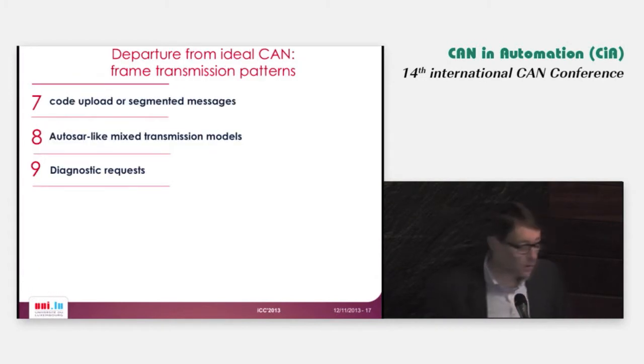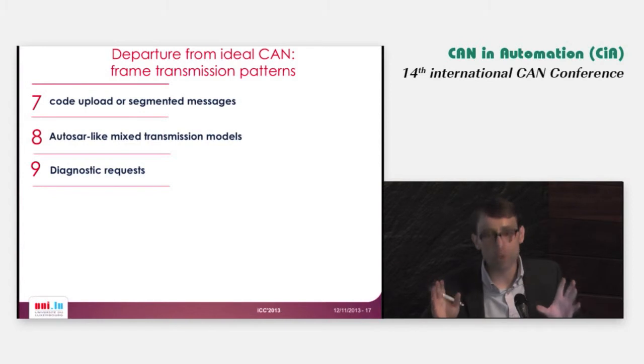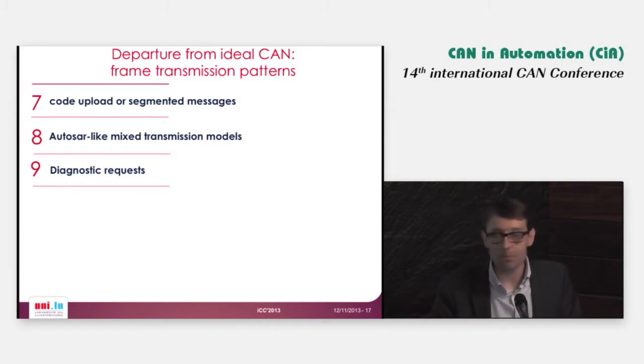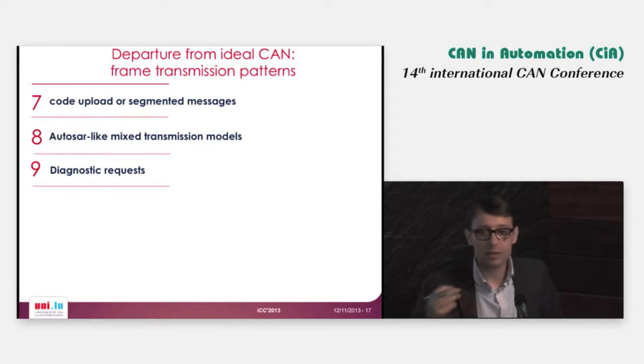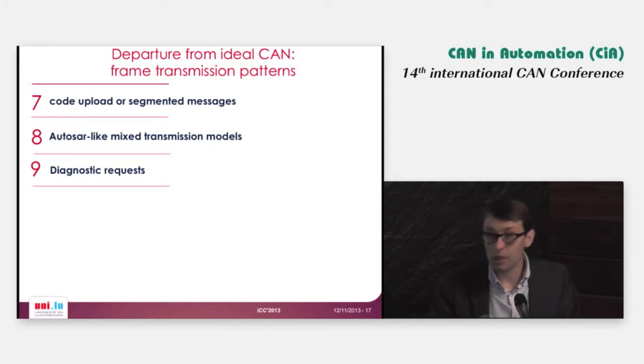Now, let's go further in the same line. We are looking at transmission patterns that are different from the typical case of periodic frames with jitter. One may have to model segmented messages, for instance, for code upload.